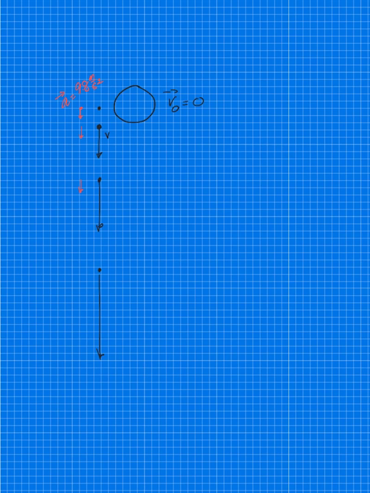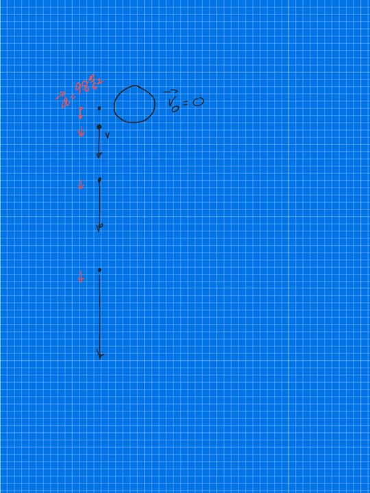Those vectors shouldn't get longer. Cool? These should stay all the same length. There we go. It's just a simple motion map.